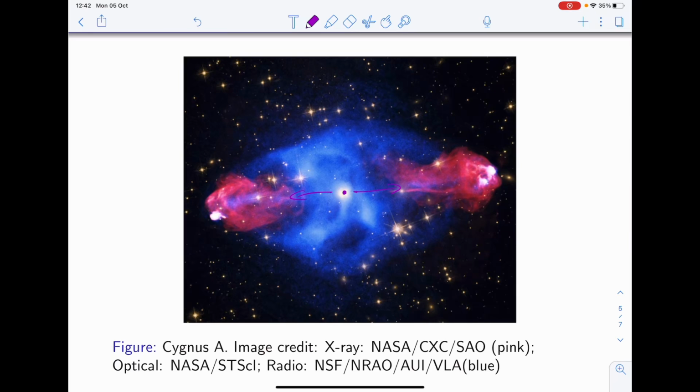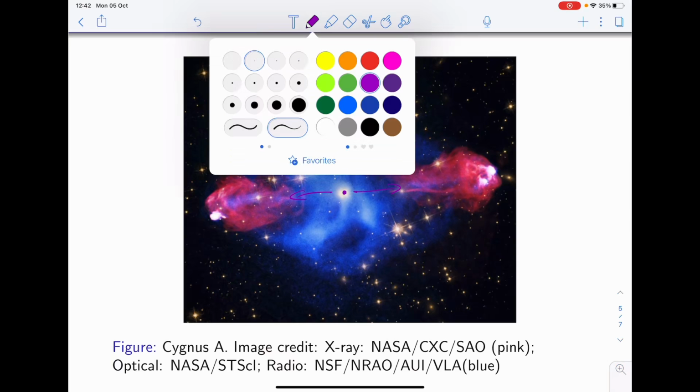Could be gas, cold gas or warm gas, and as they interact with this medium, they form these huge lobes, right? And from that interaction, you have more synchrotron emission coming out. Some can be seen in X-ray. That's the blue. So the blue is X-ray.